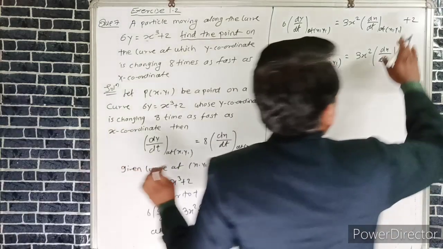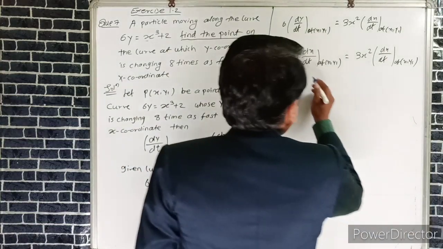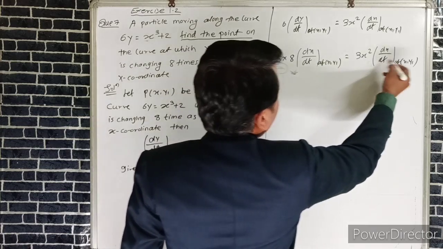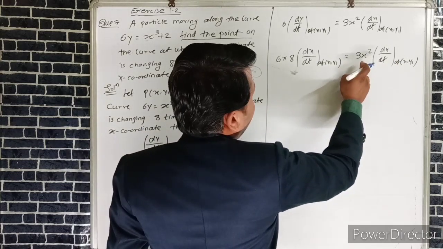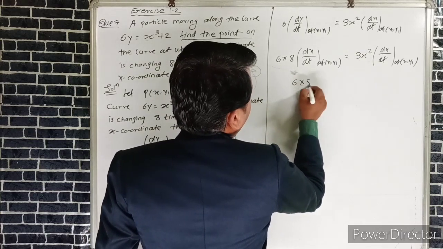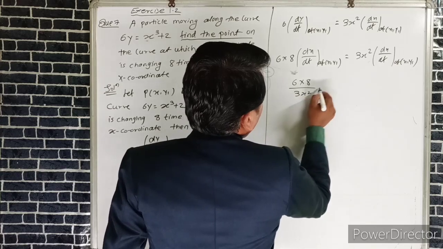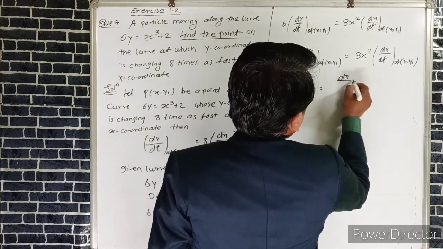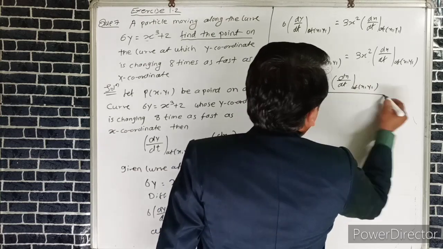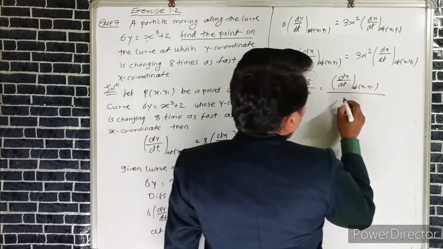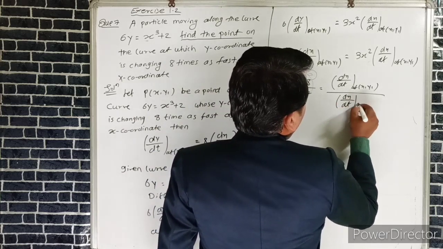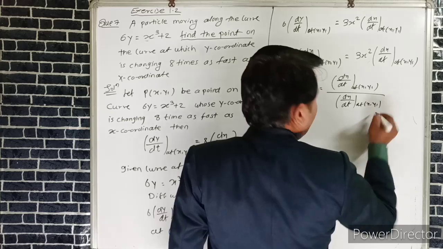Hence, if we take this whole term to the left side, 6 into 8 upon 3x square equals dx by dt at (x1, y1) upon dx by dt at (x1, y1).